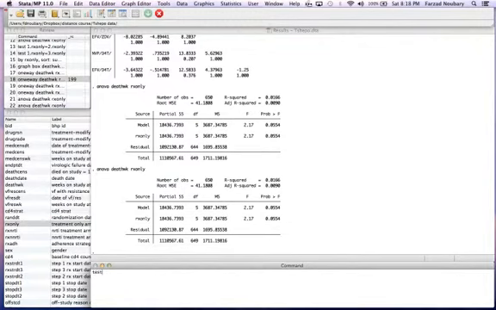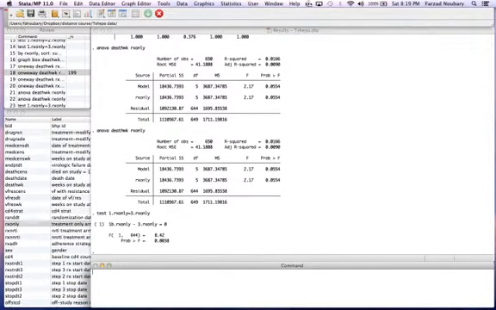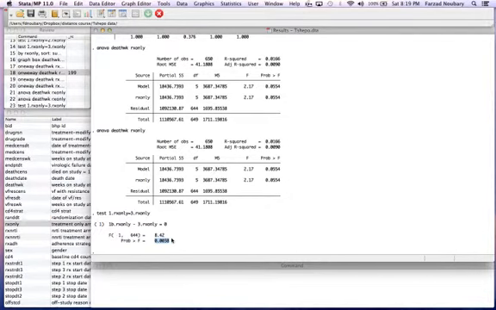Test is this new command, 1.rxOnly. So rxOnly is my predictor. 1.rxOnly tells STATA, hey, the people assigned to the first treatment, and then equals, I want to compare to the third group, 3.rxOnly. And here's that p-value, 0.0038, okay?